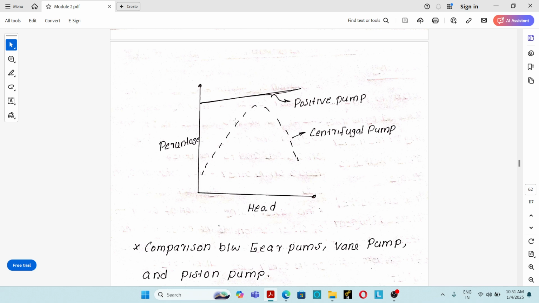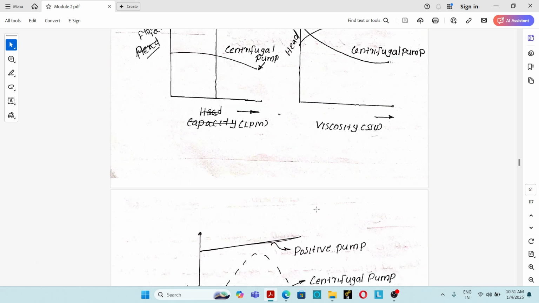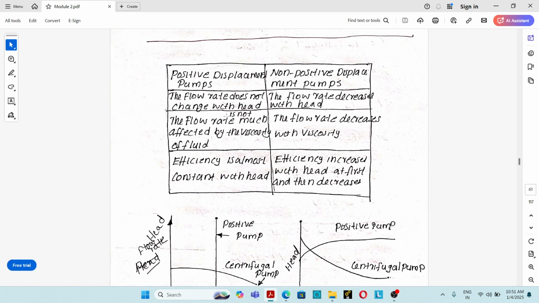But in a non-positive displacement pump, like a centrifugal pump, the efficiency first increases as the head increases, and at a particular value it begins to decrease as the head increases again. So these are the 3 points regarding positive displacement pumps and non-positive displacement pumps.